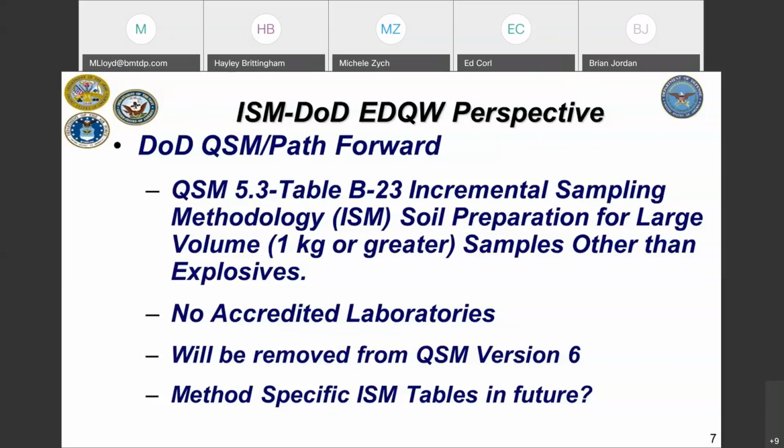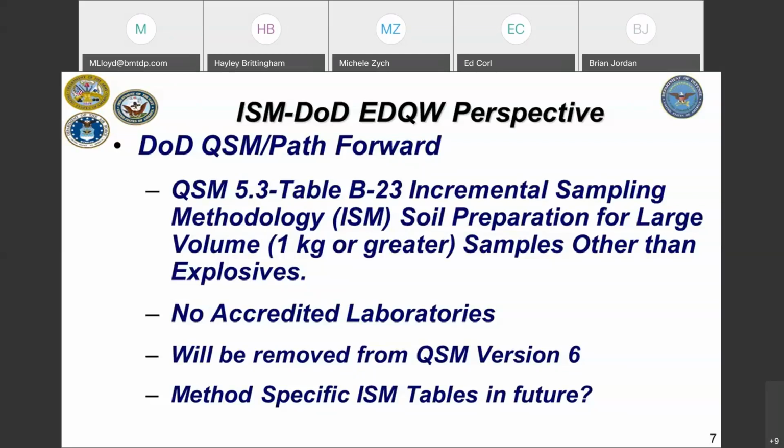So in fairness to our laboratories and for our project teams, the EDQW has not really enforced table B23, and we've taken the stance of allowing the projects to work with their project chemists to basically self-regulate their needs for ISM and data quality needs during QAP development. Now, the previously mentioned validation guide certainly we feel will help, and again, that should be out this year.